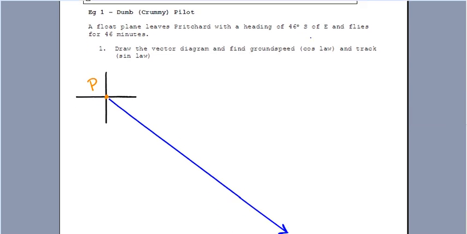And remember that south of east means pushing towards the south, which means the 46 is going to go on the top side right there. And I actually want to go a step further, and I want to show myself that the 46 is that line. Because we're going to see there's another line that leaves from this Pritchard dot, and I don't want to get them mixed up as to which one is actually the 46. So draw that second little arrow in there.